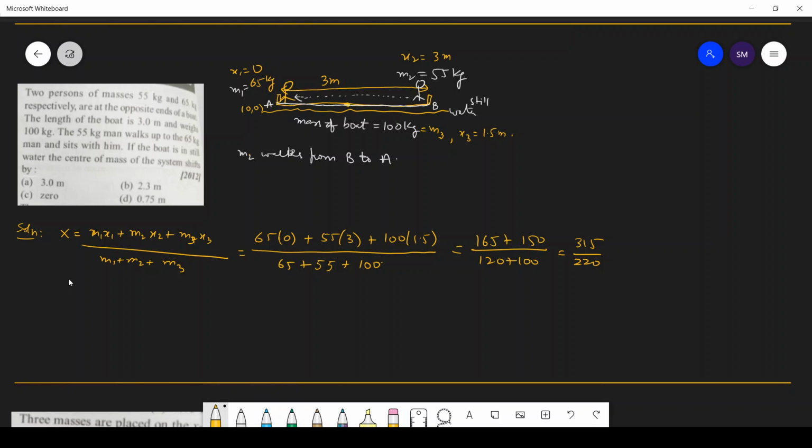So this is the distance of center of mass from O. Now what is the new center of mass?